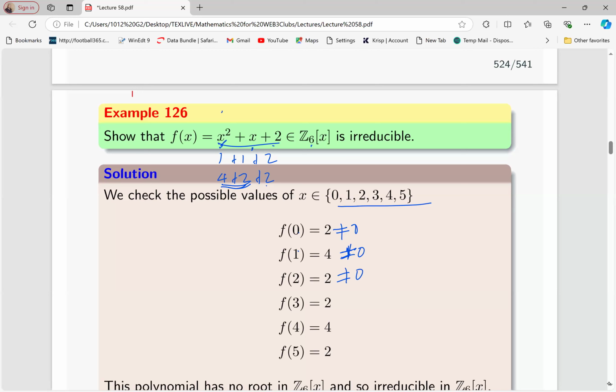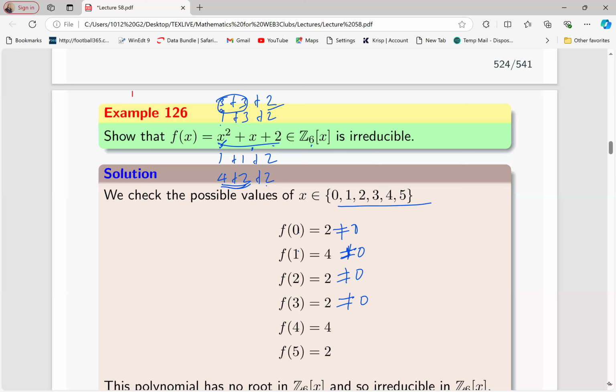3, this will be 9 plus 3 plus 2. Of course, 9 is 3. We are doing mod 6. And of course, this again is 0, then plus 2.